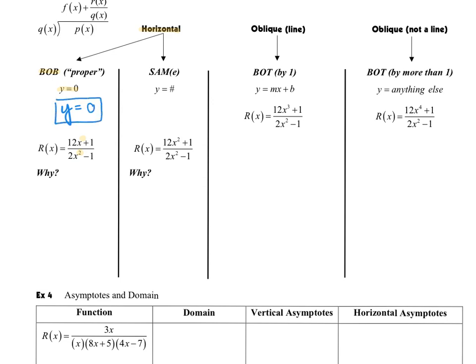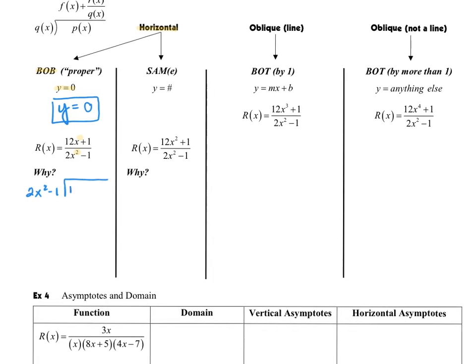Now, the reason why this is going to happen is we can go through the division process. So we would go through this long division process to prove it, not to do this on a regular basis. So I would have 2x squared minus 1, and I would start my division process into the 12x plus 1.